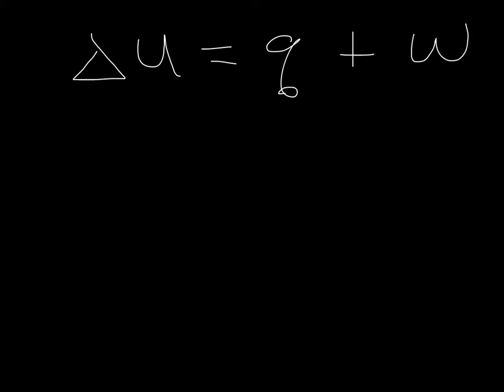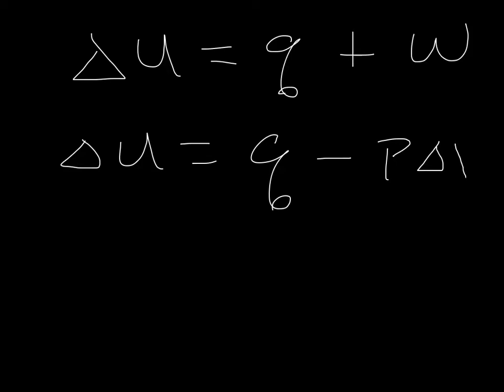Okay, so as you know, W can be replaced with P delta V, and that changes it to negative, assuming that work is done by the system. So it comes out to be minus P delta V, or Q minus P delta V. What if delta V is equal to 0?